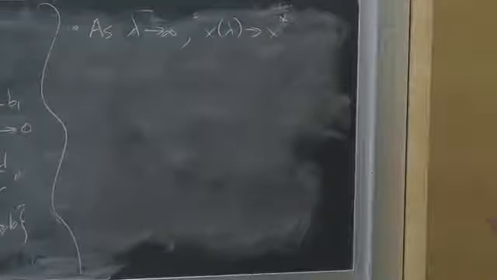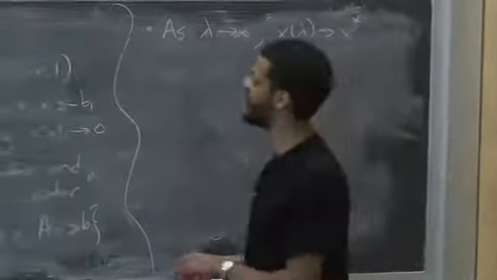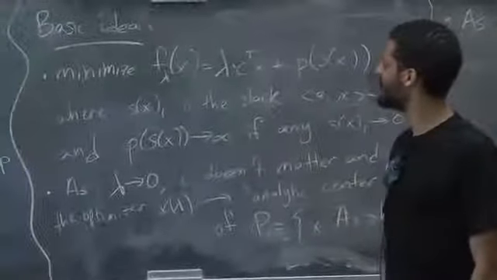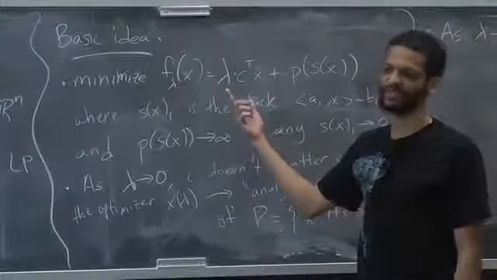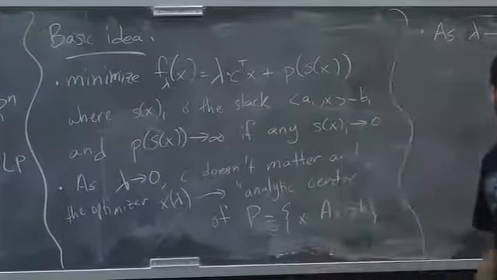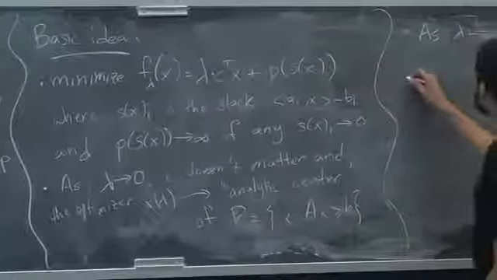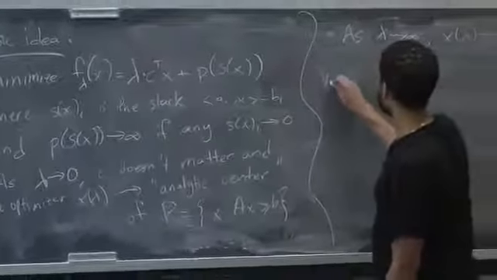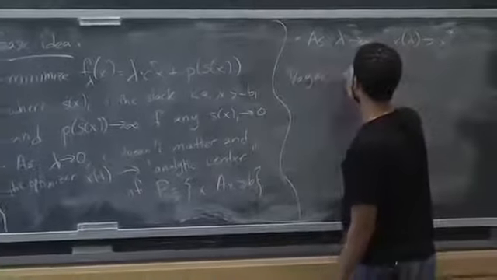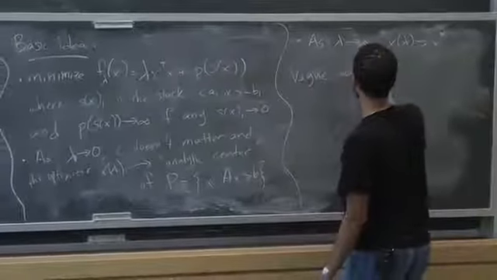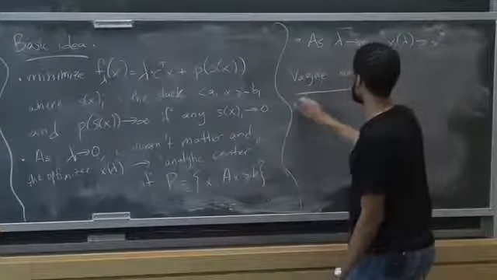Okay, good. To actually implement this basic idea, who says that we can solve this problem either? So what are we going to do? The vague outline of the algorithm will look as follows.